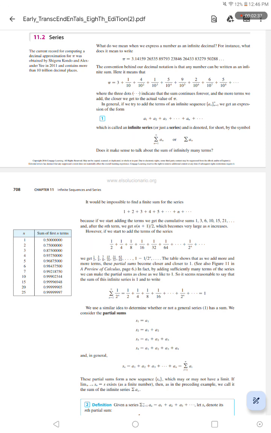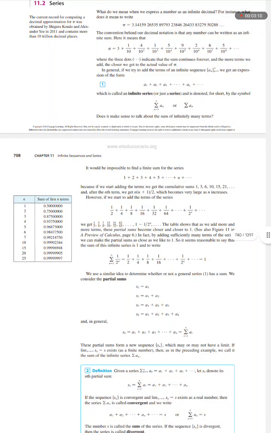Does it make sense to talk about the sum of infinitely many terms? It would be impossible to find a finite sum for the series 1 plus 2 plus 3 plus 4 plus 5 through plus n, because if we start adding the terms, we get the cumulative sums 1, 3, 6, 10, 15, and so on.